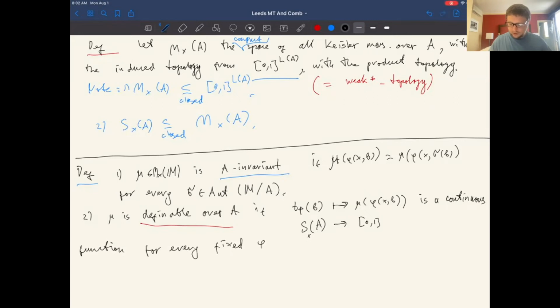Artem? Yes. Sorry, I'm a little bit lost. So what is the measure on the monster model? So we defined this over any set, right?